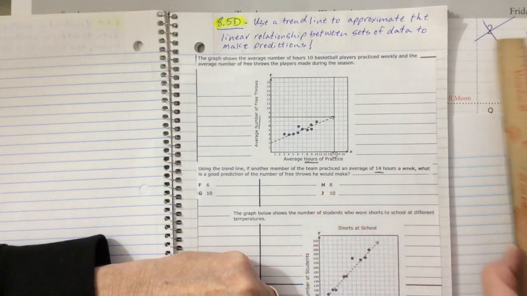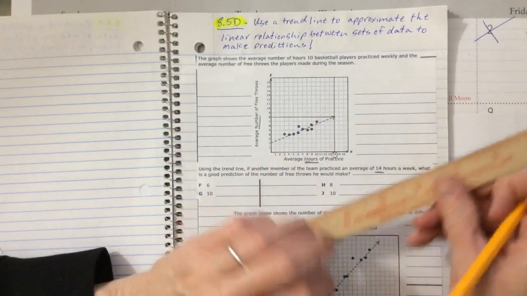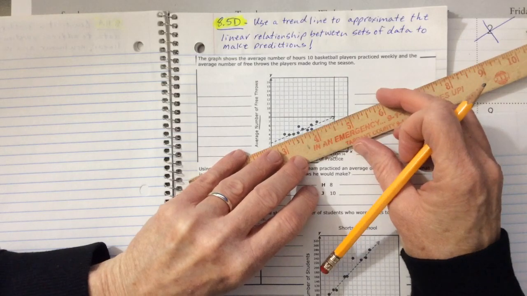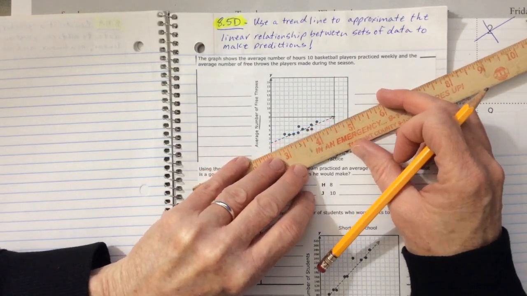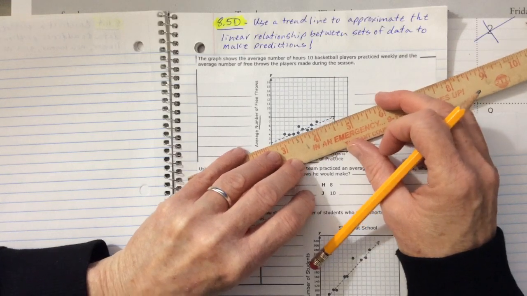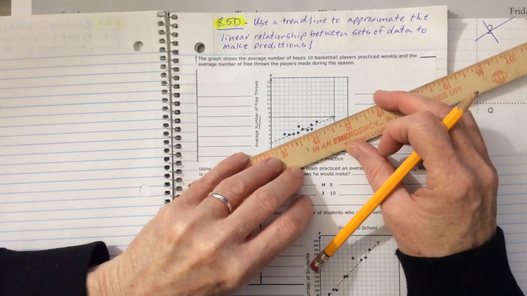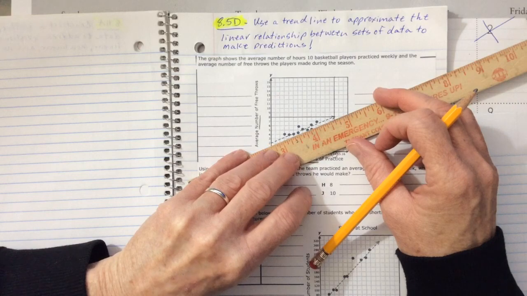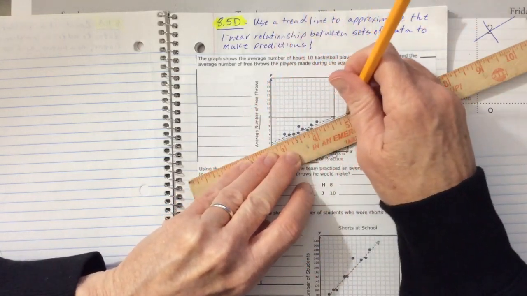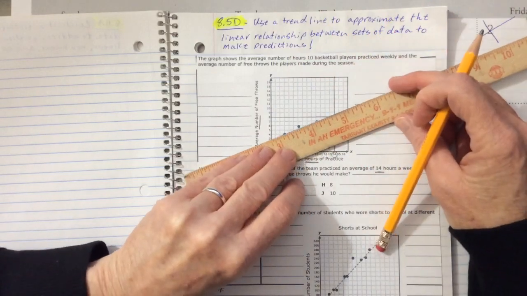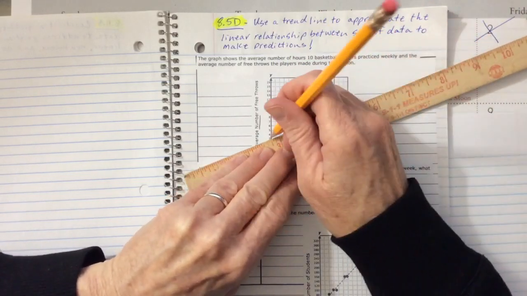Okay? Now, most of the time they're not drawn. So what we like to do is you can either draw a line through the middle of the data, like they did, or sometimes you could draw a line at the bottom of the data and then at the top of the data.